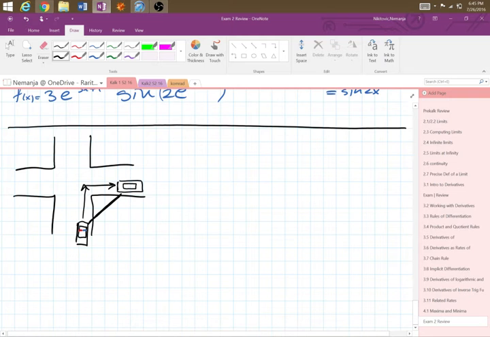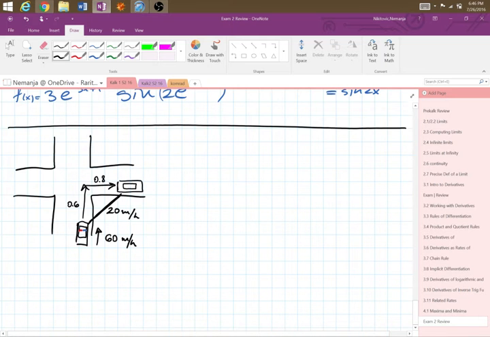So we know the distances because the cop is 0.6 miles this way, the car is 0.8 miles that way, and the distance between them is increasing at 20 miles per hour, and the cop car is moving this way at 60 miles per hour. That's 60 miles per hour, as a fraction.